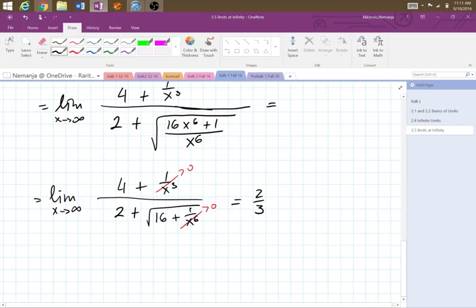What's the other way to do it? The problem is that you can't look at the horizontal line because you don't know where it is.